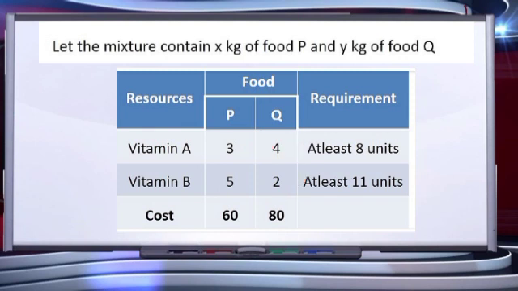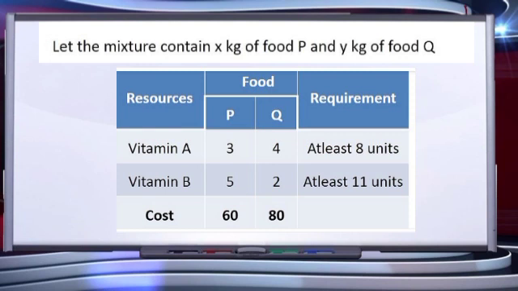The cost of P type of food is rupees 60 per kg and that of Q is rupees 80 per kg. The least units that we can take of vitamin A is 8 units and similarly for B is 11 units. So now we are going to frame our constraints on the basis of this table.